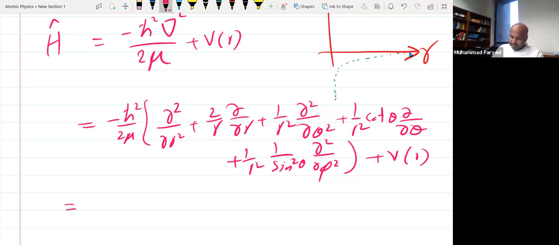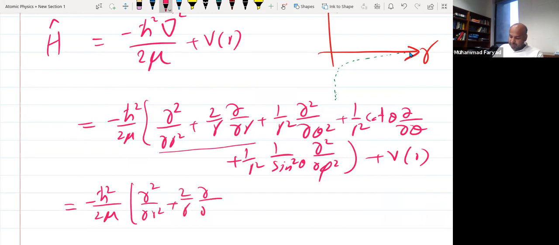Now, in this Hamiltonian, these are the terms that involve derivative with respect to R. So let's separate them out. And then if I multiply the rest of the terms with minus h bar square over 2 mu and take this 1 over R square common, I get 1 over 2 mu R square, and this minus h bar square into all of the rest other than 1 over R square is actually nothing else but the L square operator.